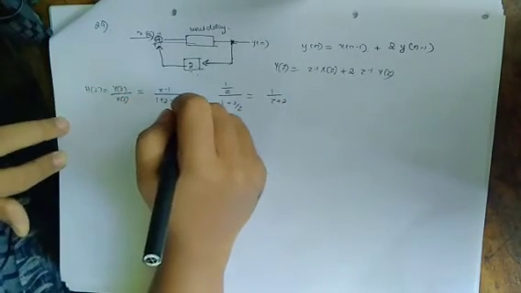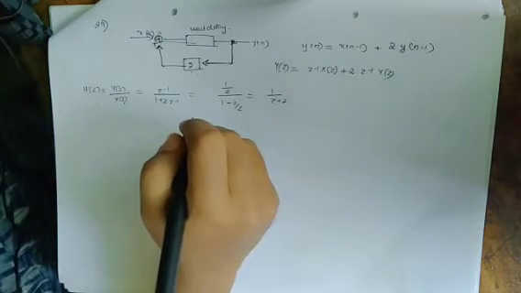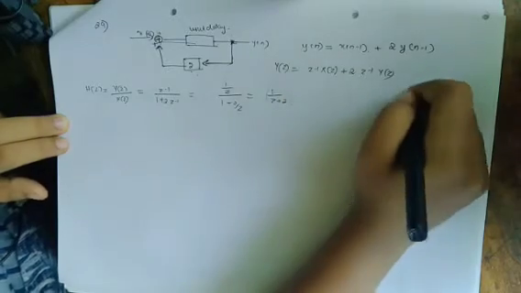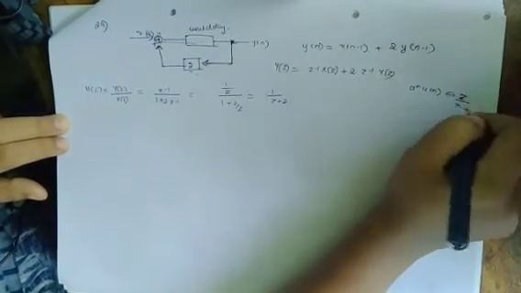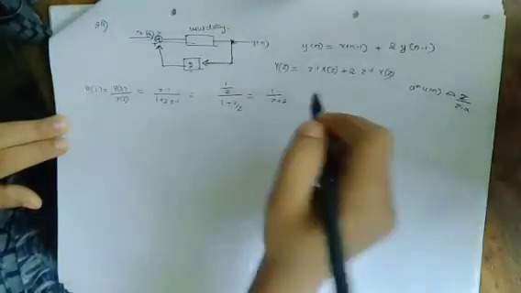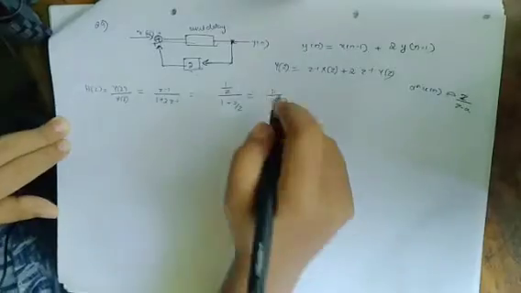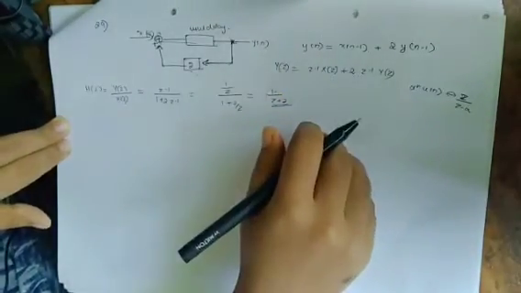Okay, now we have to find out h of n. To find out h of n, a raised to n u of n is actually z divided by z minus a. Here it is given in the form 1 over z minus 2, so we have to have a z above to get the standard form.